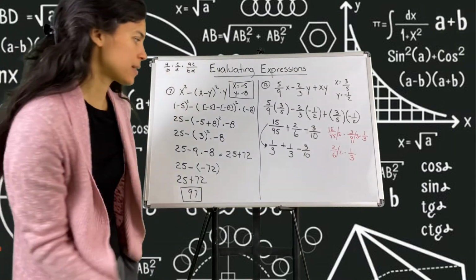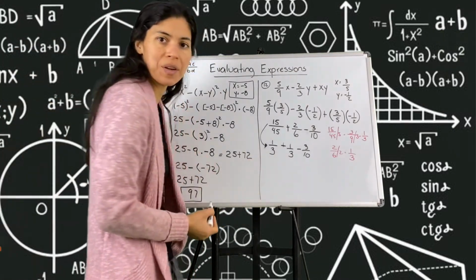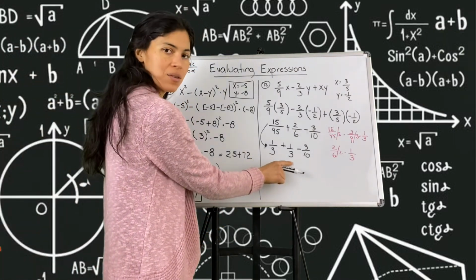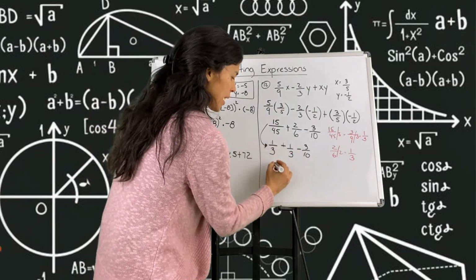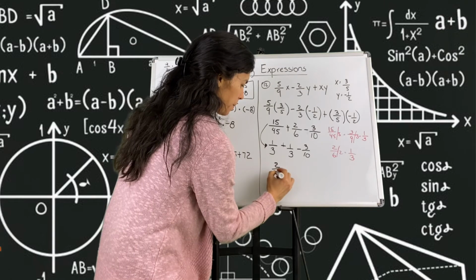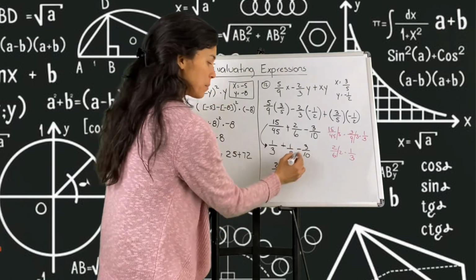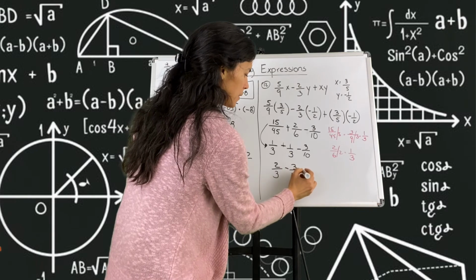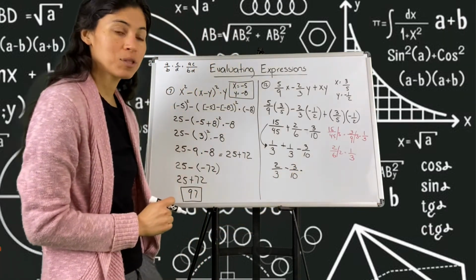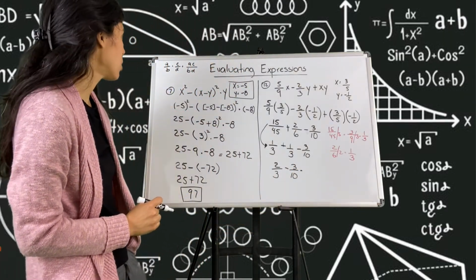Now let's do this. 1/3 plus 1/3. Same denominator, we just need to add the numerators. 1 plus 1, we have here 2/3. 2/3 minus 3/10. Now we have a subtraction of a fraction.